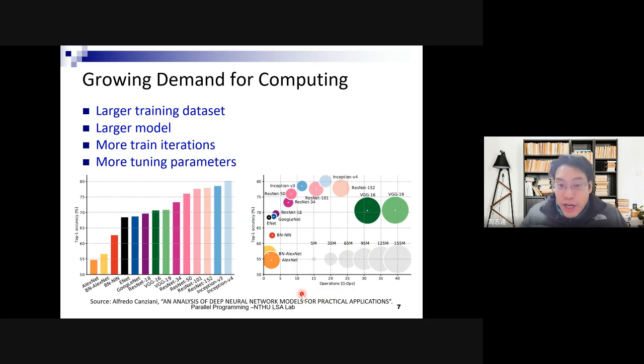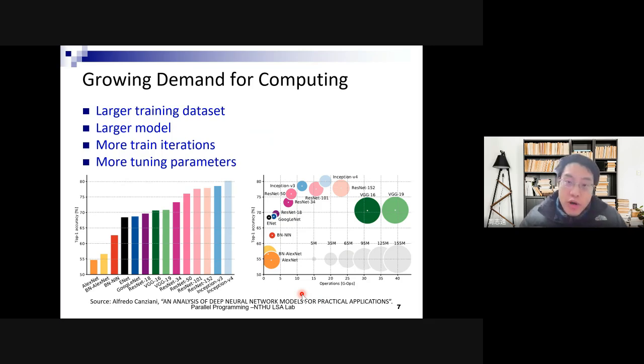So it's not surprising, right? With the characteristic of deep learning, people keep trying to train their model with larger data sets, and people try to increase the scale or the size of their model, for example, simply having more layers in their neural network.